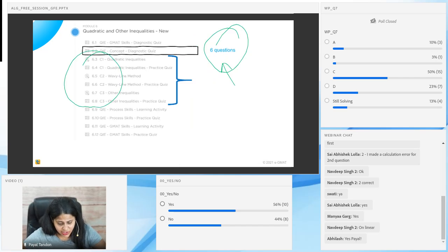Likewise, through the diagnostic quiz, 6 questions, right now I only asked you 2 questions and gave you feedback based on that. For those of you who answered both questions correctly, you don't have major conceptual gaps, but I would strongly recommend that you go through this diagnostic, because it will have 6 questions, so that you understand whether there are any minute gaps that can be identified at this point.